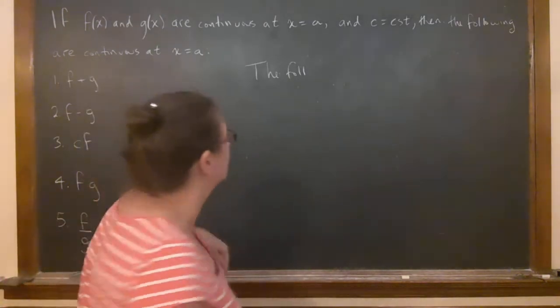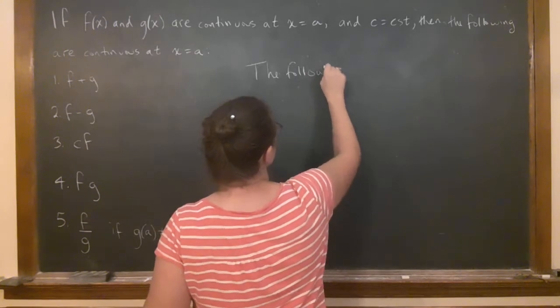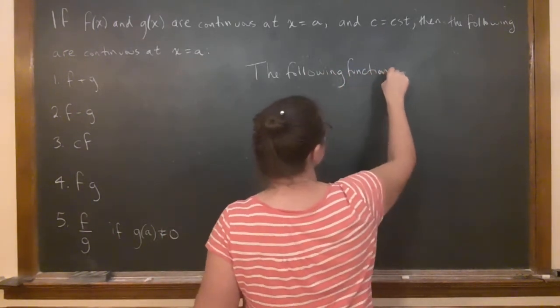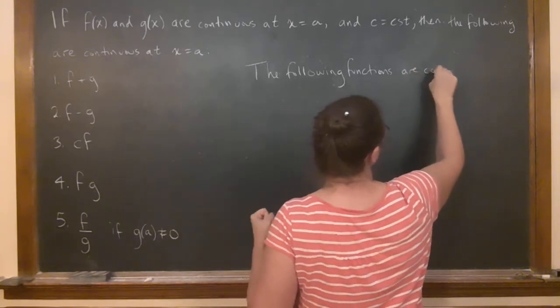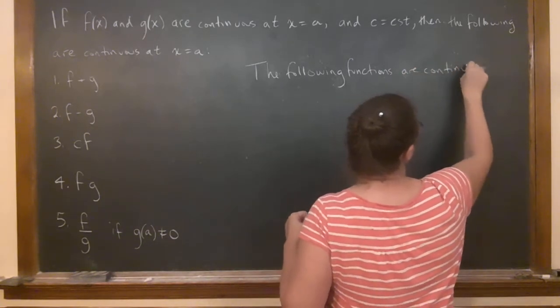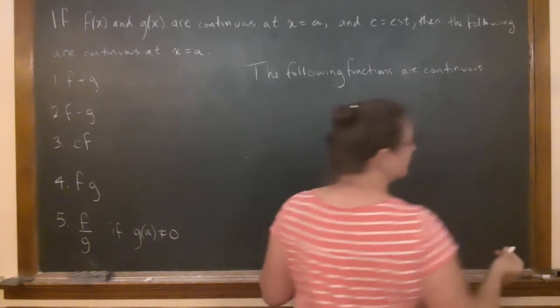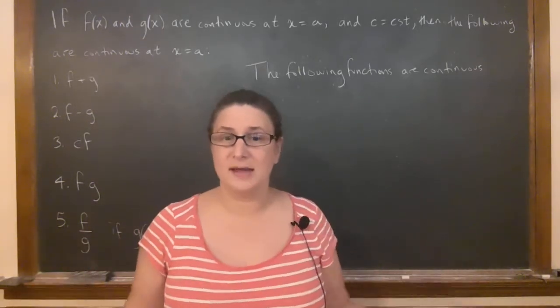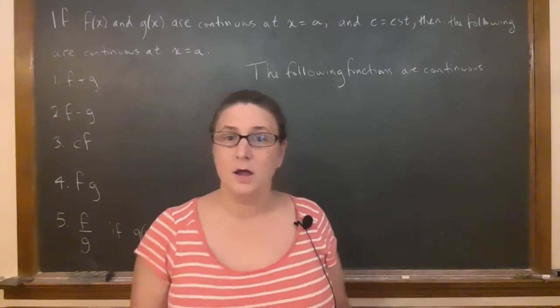So that's what I'm going to write down. Polynomials are continuous everywhere because their domain is everywhere. The domain is minus infinity to infinity.